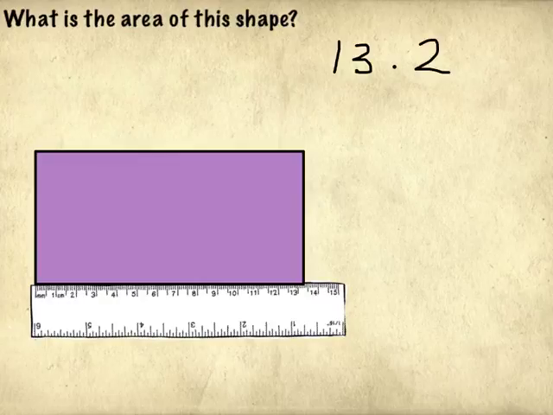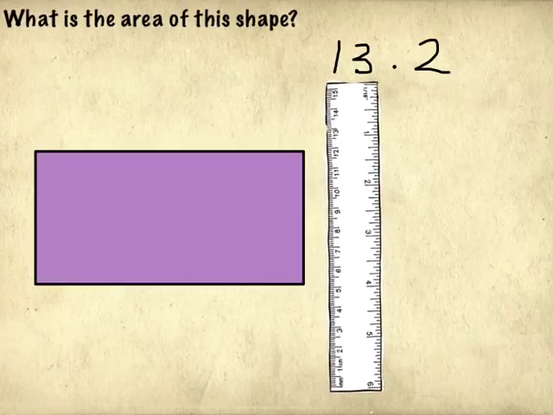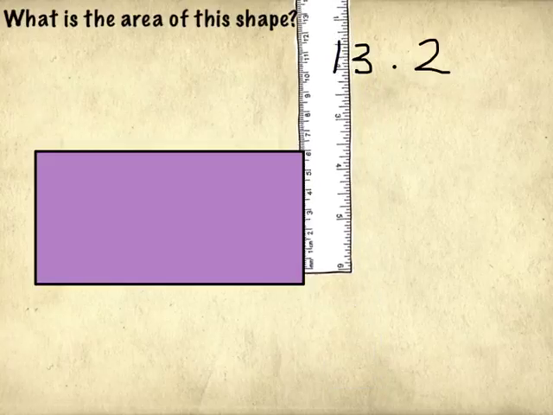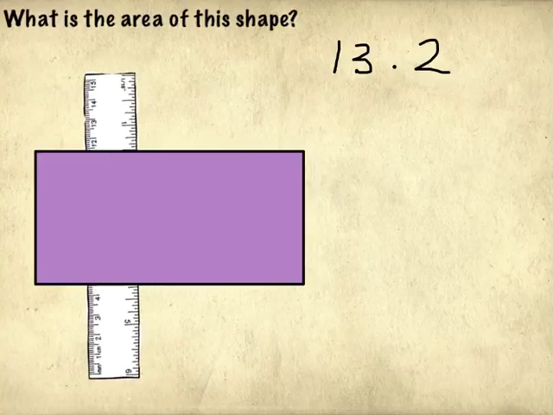And then I need to find my width, so I'm just going to flip my ruler around. Sorry about that, my ruler's a bit funky here. I'm going to find that it is about 6.7.